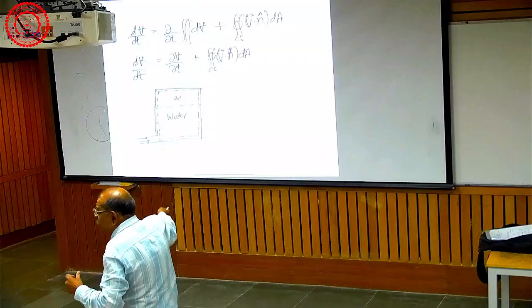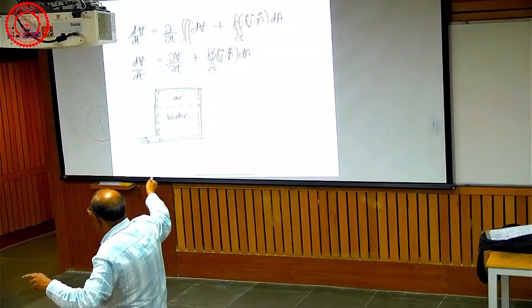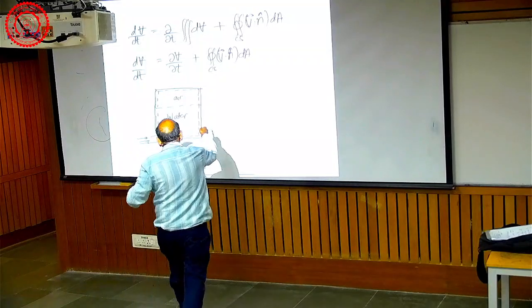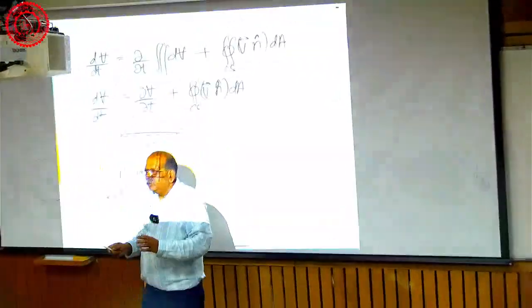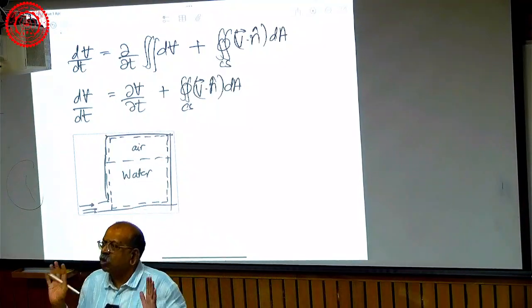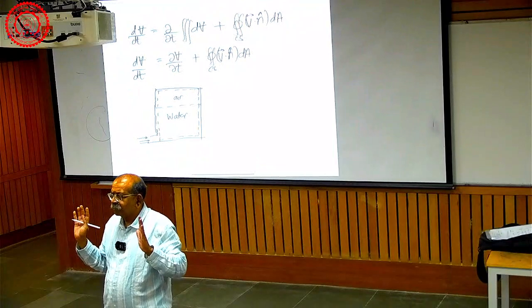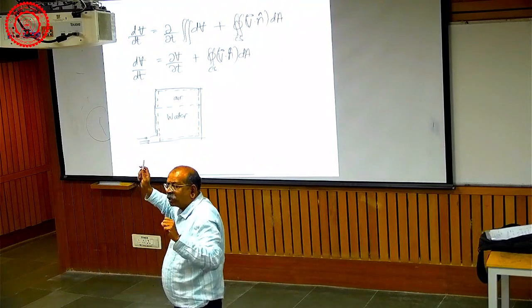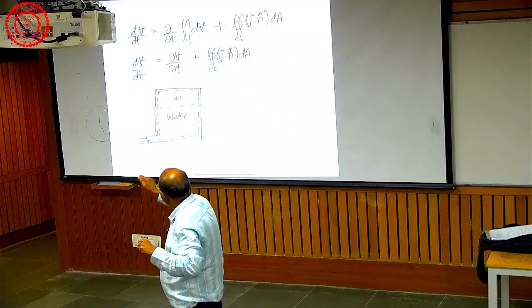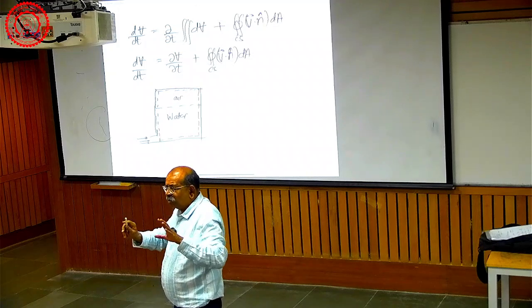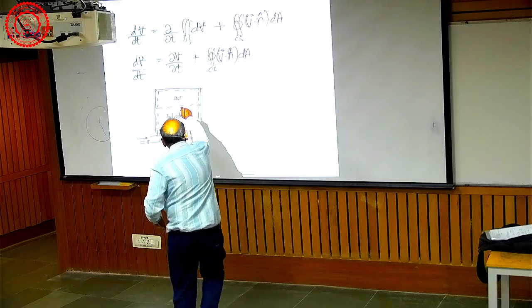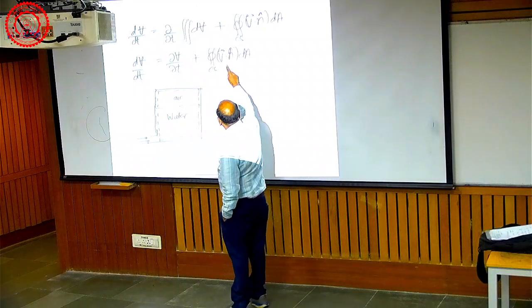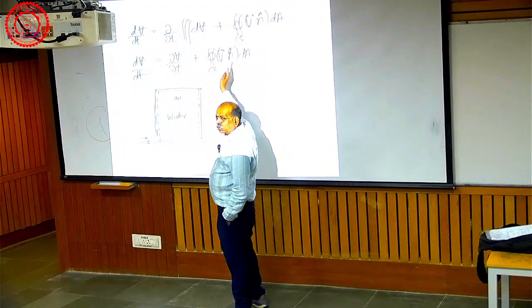The reason I have taken the entire control volume is, if I look at the total control volume, in this control volume, the total volume does not change. Okay? So, therefore, partial V by partial T is 0. dV by dt is not 0. And this dV by dt will be given by integral V dot n dA.